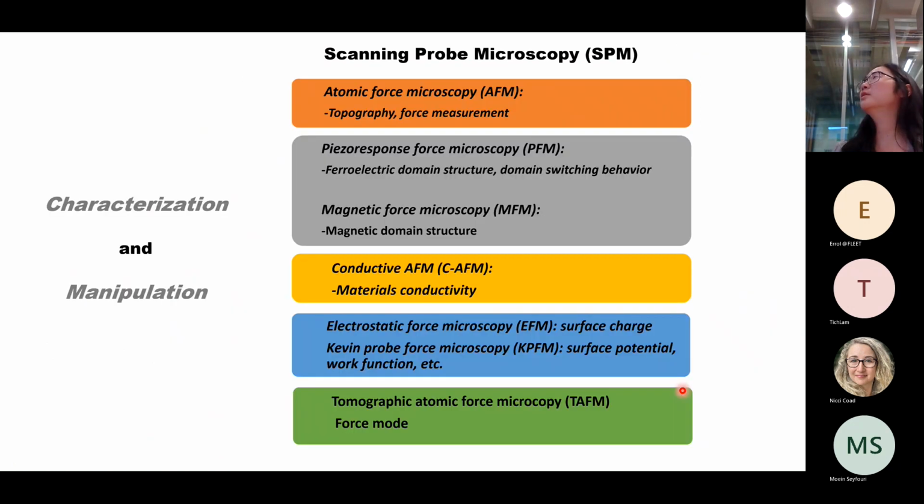And the scanning probe microscope has a lot of other functions. We can use it to check the topography, like the roughness and morphologies of the material surface. It can also check domain structures, not only ferroelectric, but if we use a magnetic probe, it can also give us magnetic domain structure information. If we use a conductive probe, we can get a current map to understand the conductivity of the film surface.